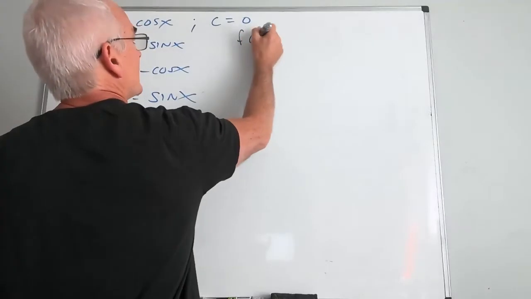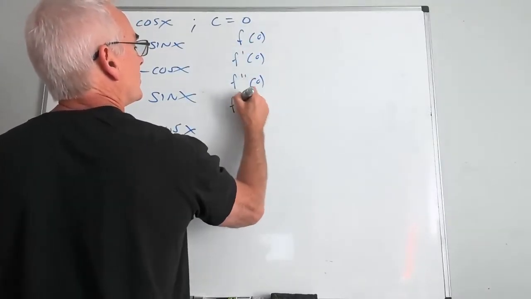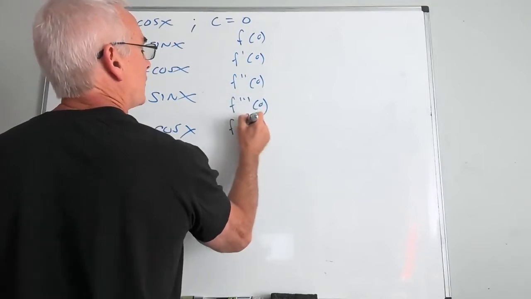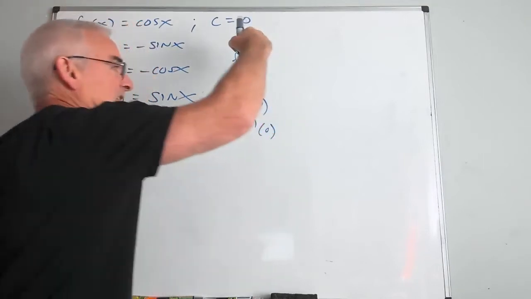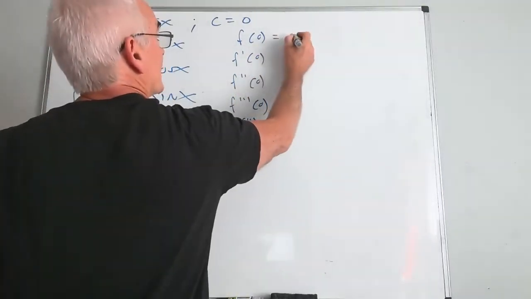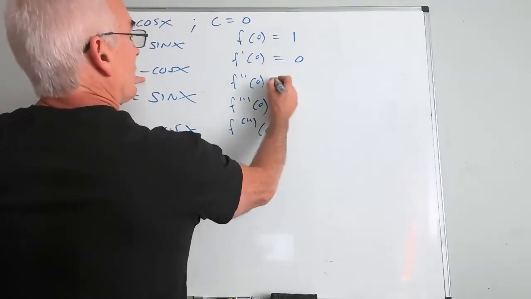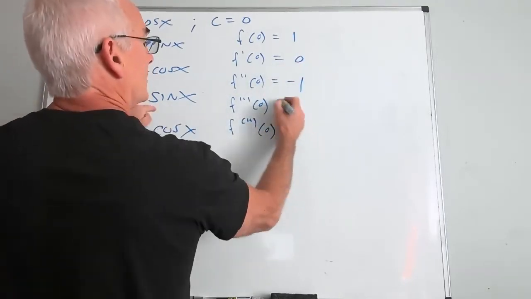So now what about f of 0, f prime of 0, f double prime of 0, f triple prime of 0, f fourth derivative of 0? Because once I establish this, it's just going to be the same forever and ever. Cosine of 0 is 1, sine of 0 is 0. Negative cosine of 0 is -1, and then back to 0.